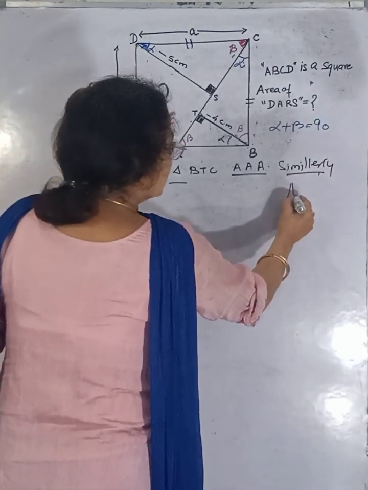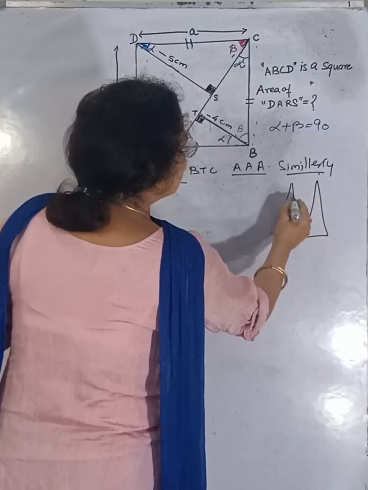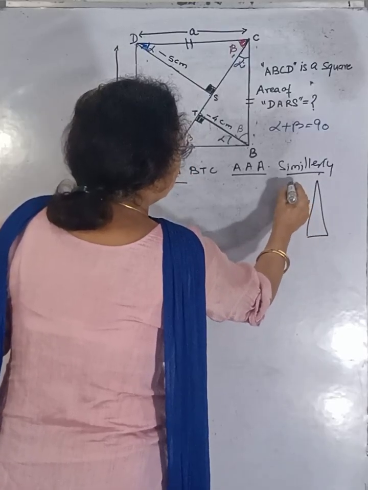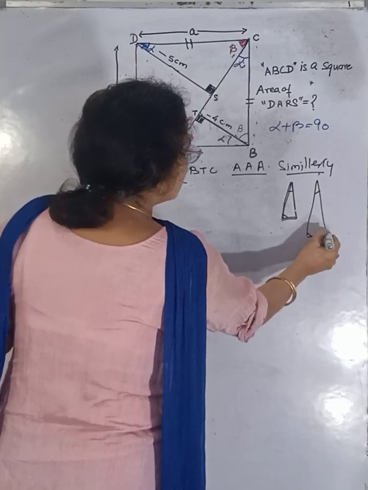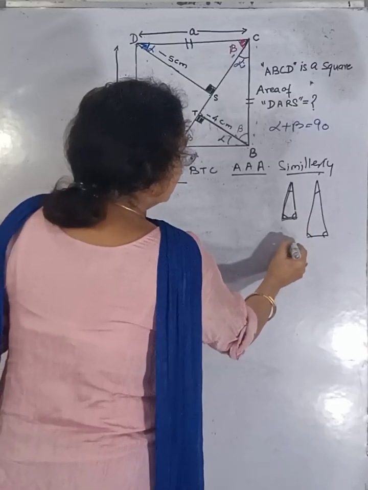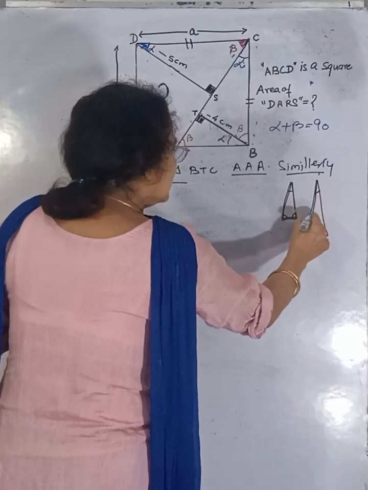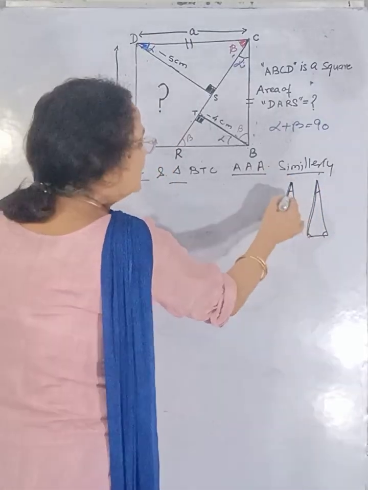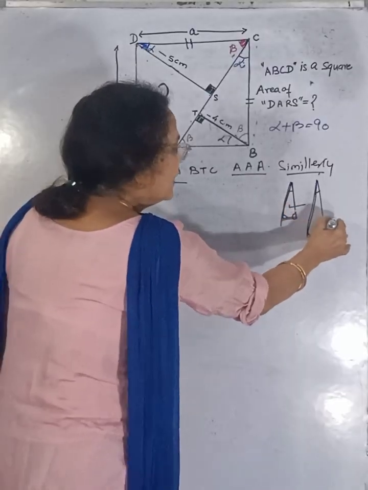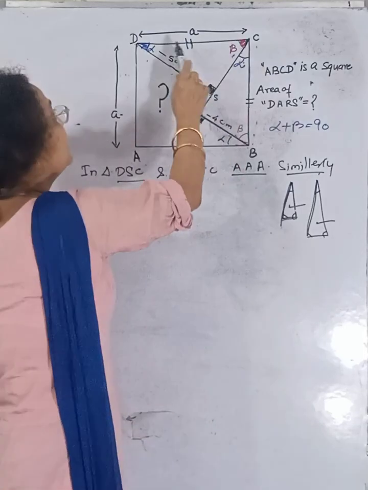You can understand over here, these two triangles have angle similarity. This angle is equal to this angle, this angle is equal to this angle, this is 90, this is 90. But if we apply the condition that this side should be exactly equal to this side, then automatically the size of this triangle will become exactly the size of the other one.